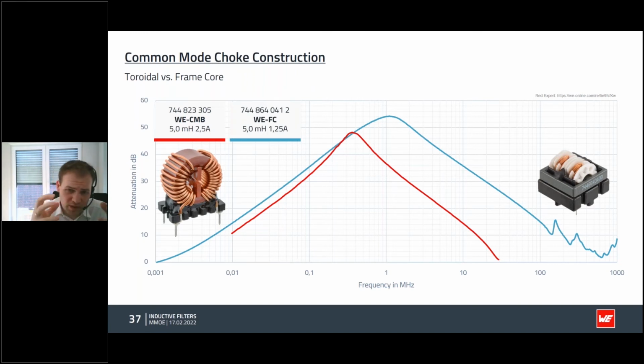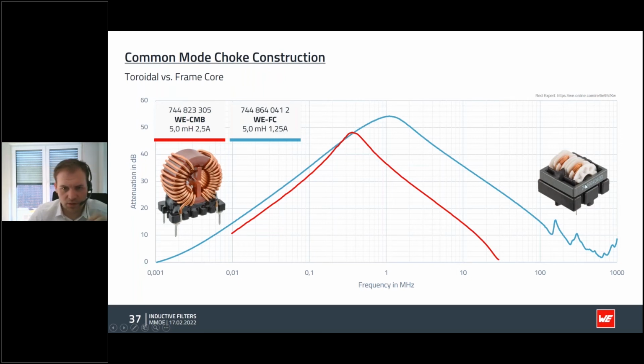However, because we take more space for the windings, we can only use a little smaller wire. So the current capabilities of the frame core will be a little less than the toroidal core.